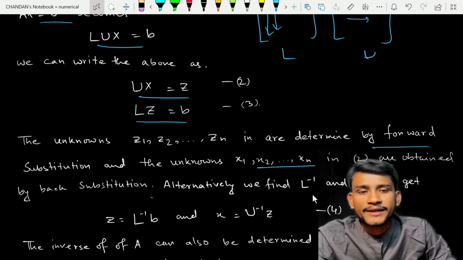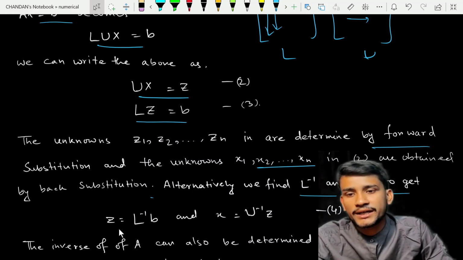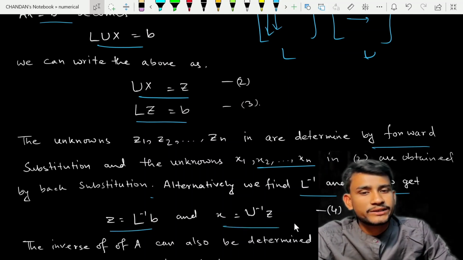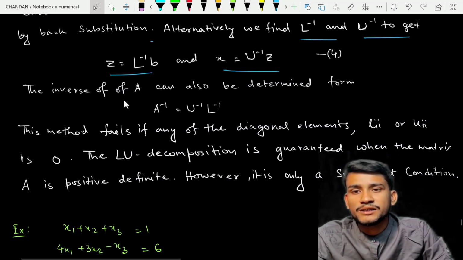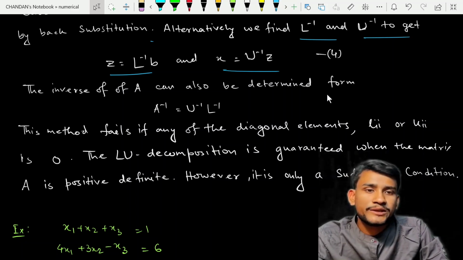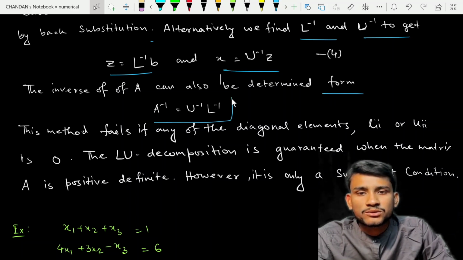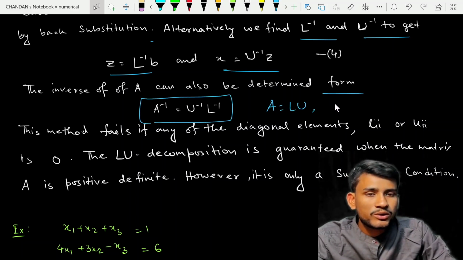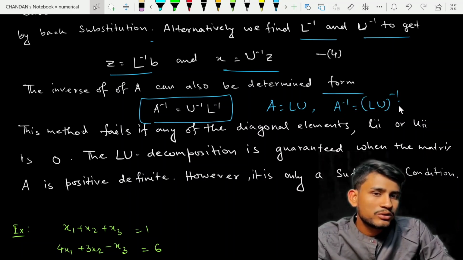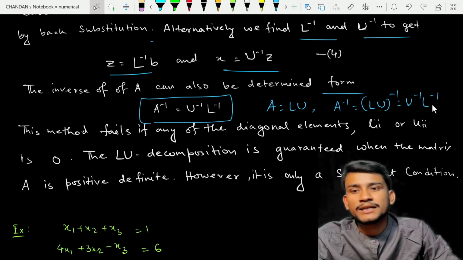Alternatively, we find L inverse and U inverse to get Z equal to L inverse B and x equal to U inverse Z. The inverse of A can also be determined: since A equals L into U, A inverse is equal to U inverse L inverse.